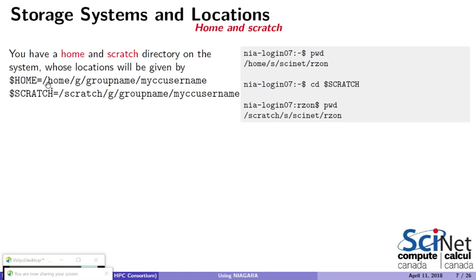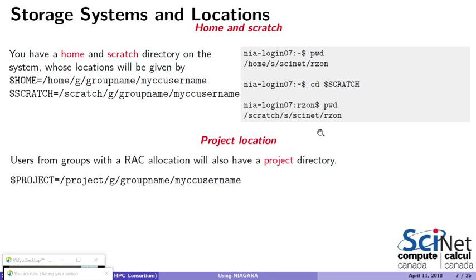Because it's a little annoying to work with these long paths, and because we might at some point move them, hopefully not, but we might, we have environment variables. Home is actually already defined by the Linux operating system, so that's easy enough. And Scratch is defined as well. So if you want to work in Scratch, you should just cd $scratch, and that leads you right to your directory.